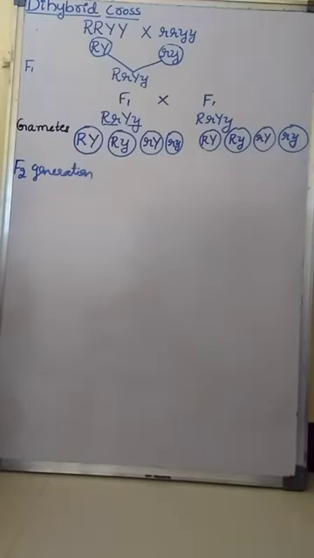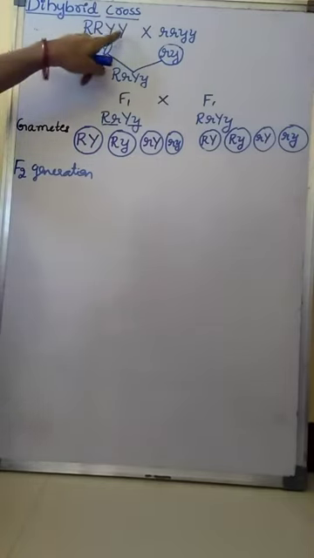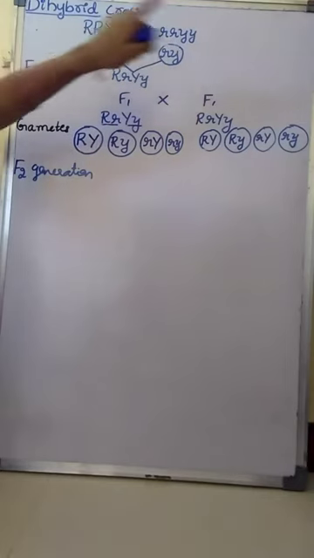In the F2 generation, we can observe the characters which we have not observed in the F1 generation, or we can observe some non-parental combinations, because the parental combinations are round yellow and wrinkled green.